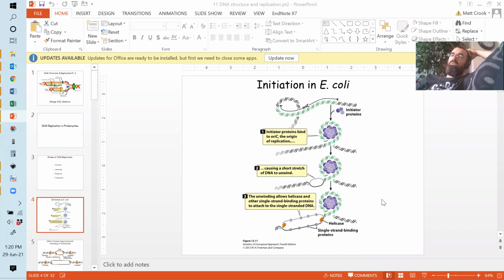And then the final protein of this initiation stage is a protein called helicase. Right? And helicase is the unwinder.